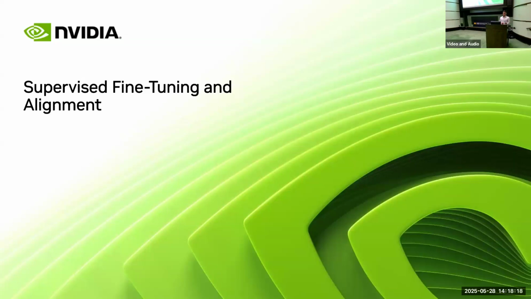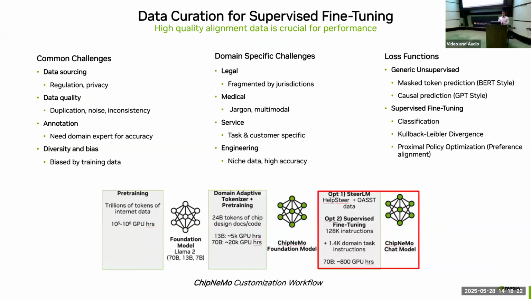So let's talk a little bit about this supervised fine-tuning and alignment stage. This is where we're essentially fine-tuning our models with a task instruction style data set. Some of the common challenges for getting this supervised fine-tuning data are that it could be regulated, it could be hidden behind privacy laws, and a lot of the data could be duplicate, noisy, or inconsistent.